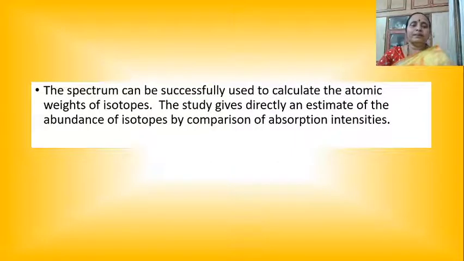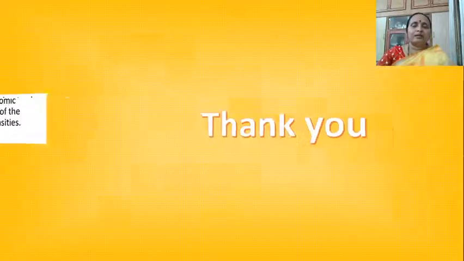The spectrum can be successfully used to calculate the atomic weights of isotopes. The study gives directly an estimate of the abundance of isotopes by comparison with the absorption intensity. So, in today's class, we studied the isotopic effect on rotational spectra. Thank you.